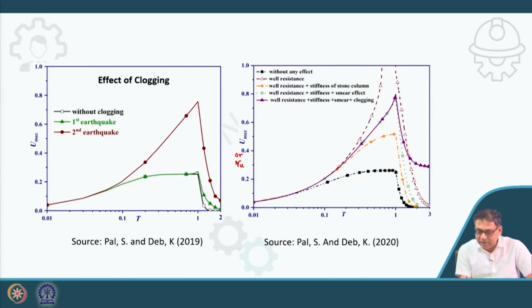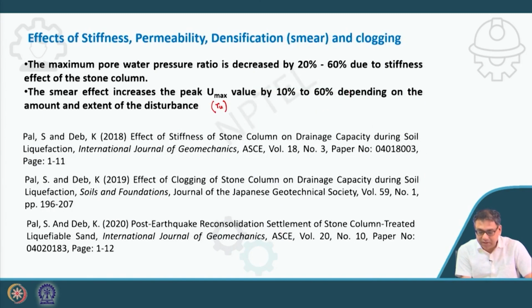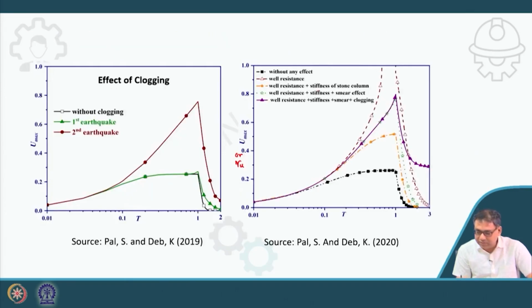Next one is the oil resistance plus stiffness plus smear effect, and smear effect is a negative effect. So because of the smear effect, the RU value will increase by 10 to 60%. So you can see this black line is without considering any effect. This is considering the permeability of the stone column. Okay.